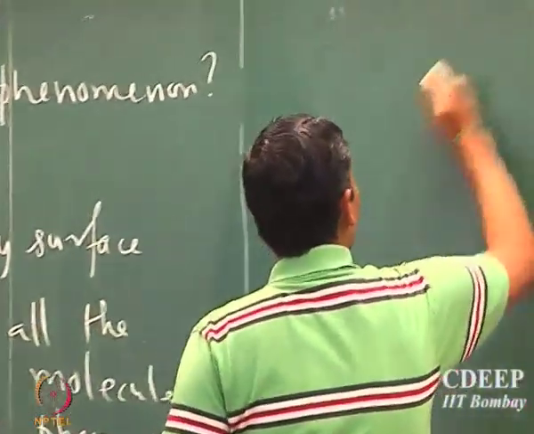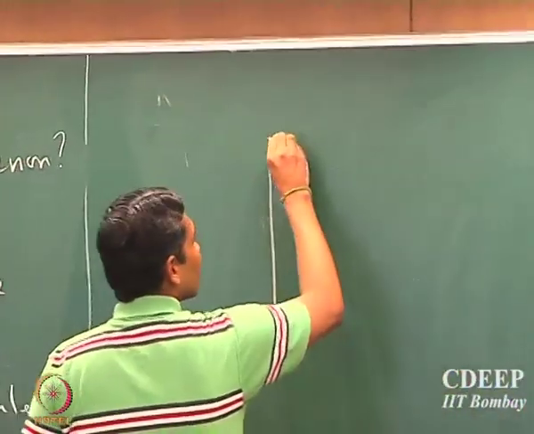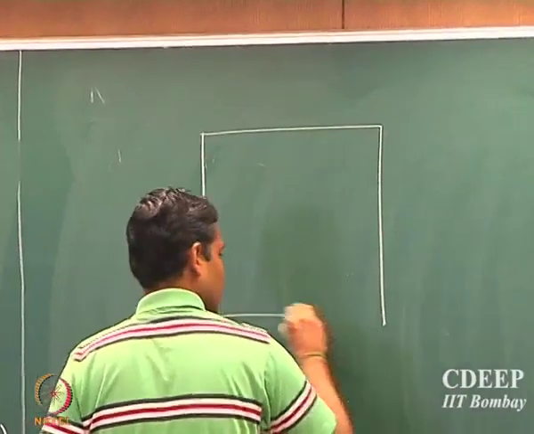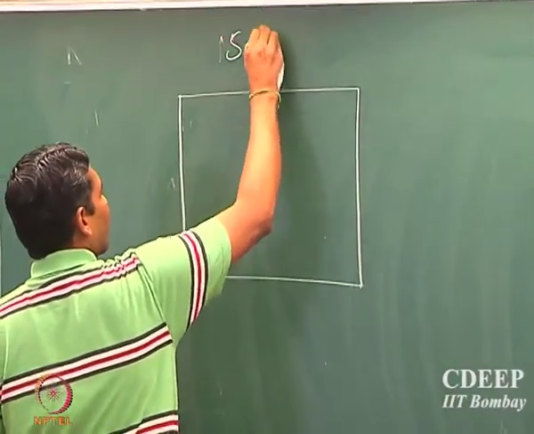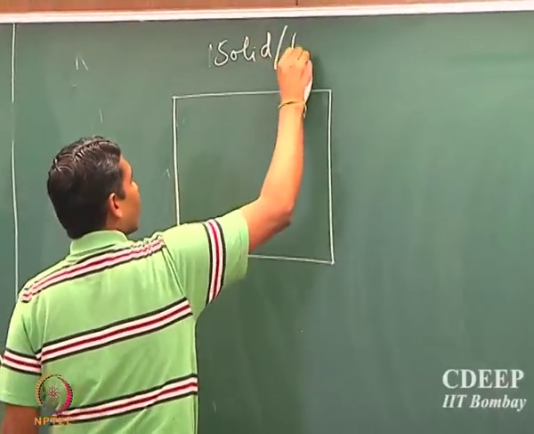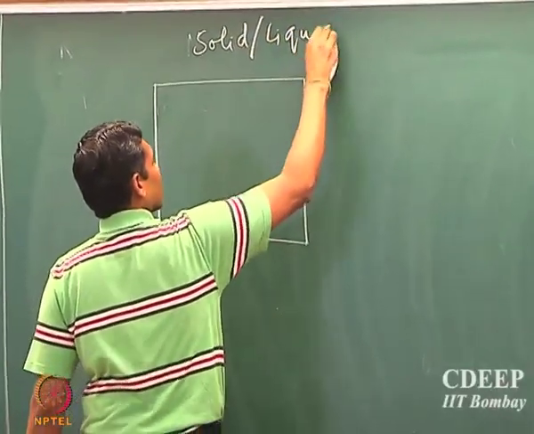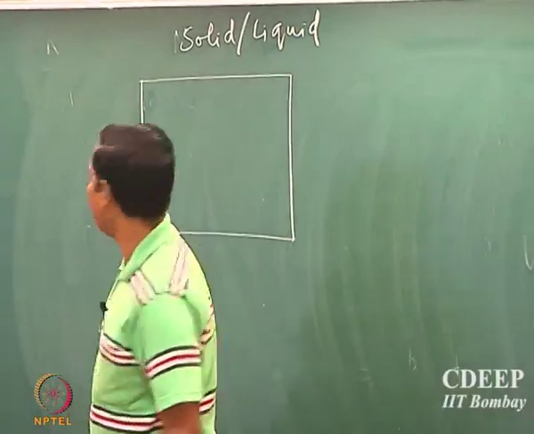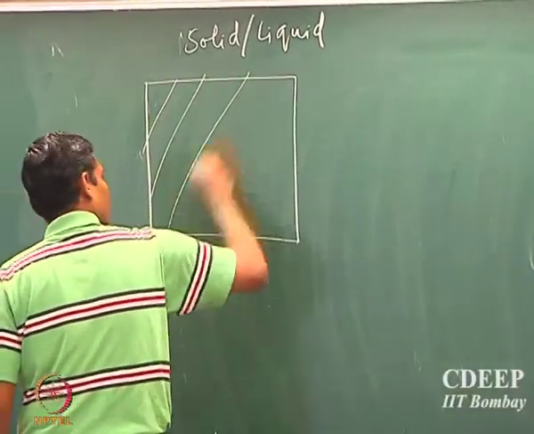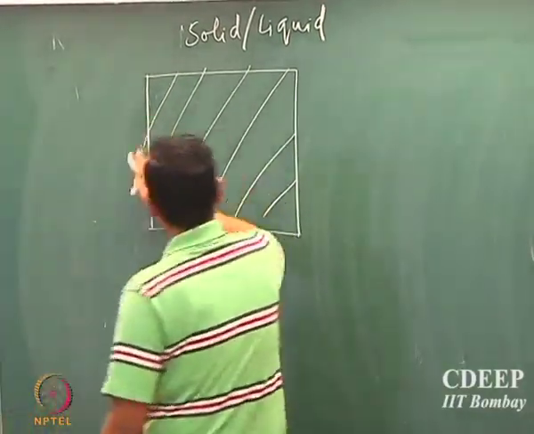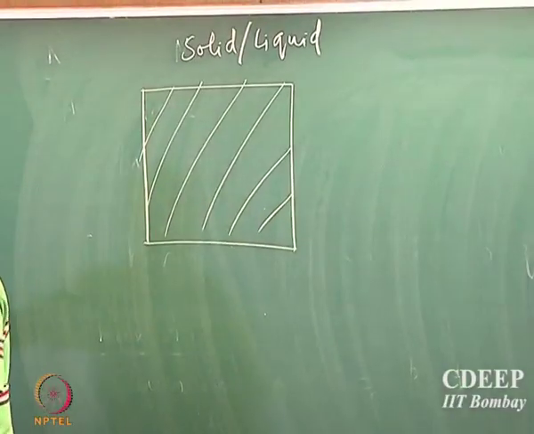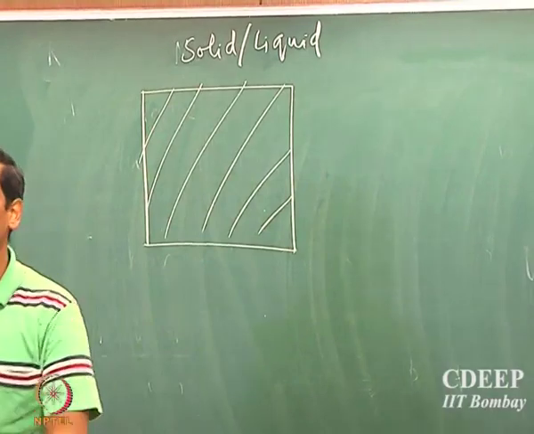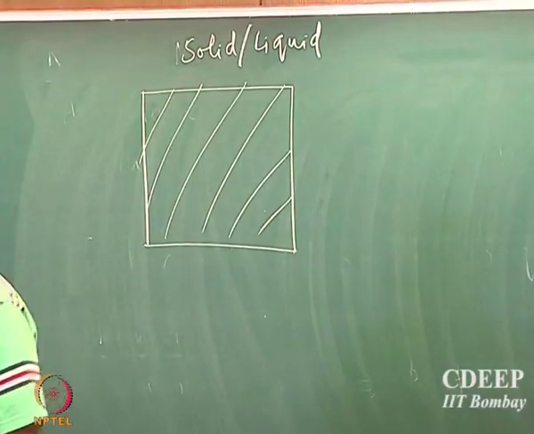So now supposing we have solid or liquid matter, let's say it's a solid. All the particles present in the solid, in principle, are going to emit radiation because they are all maintained at a certain temperature.